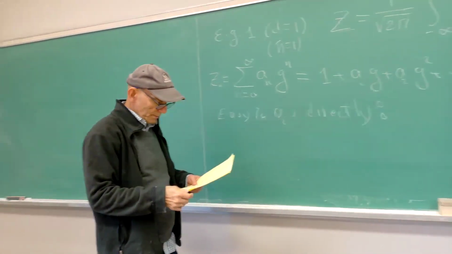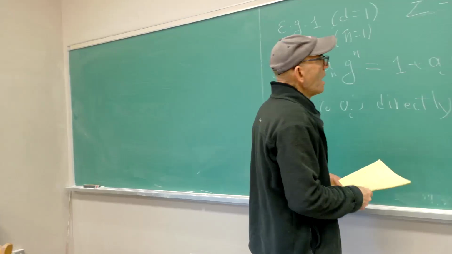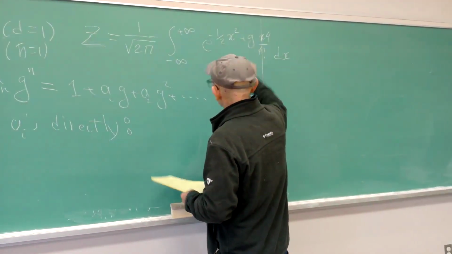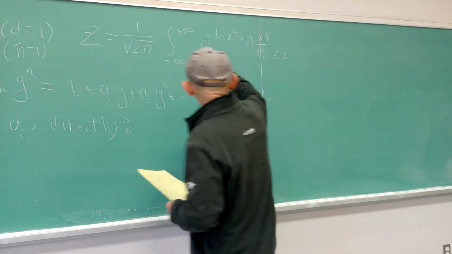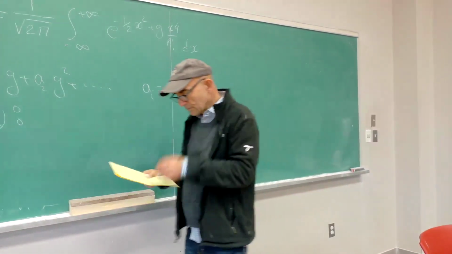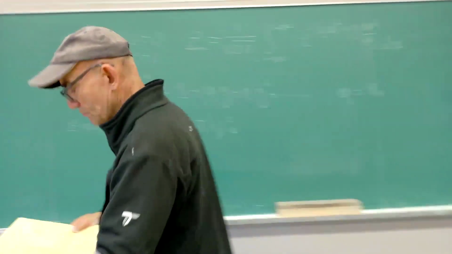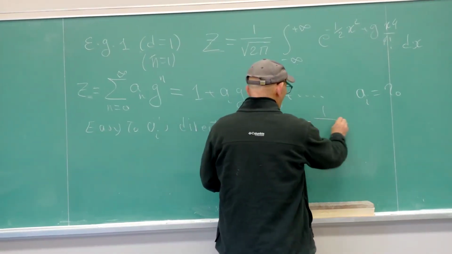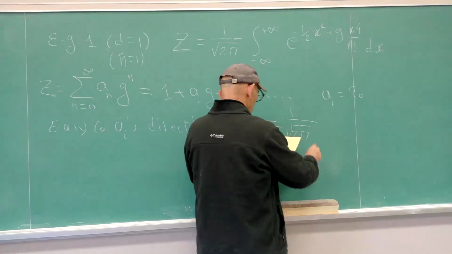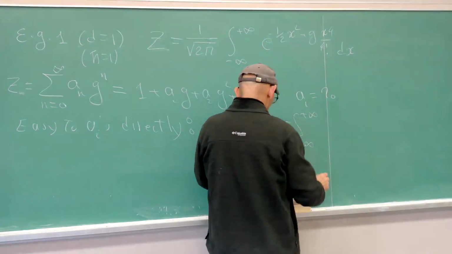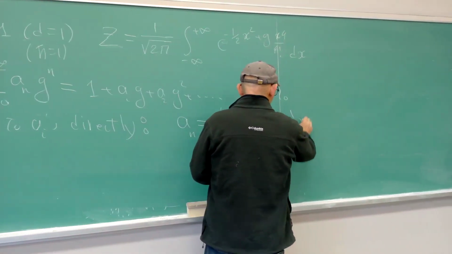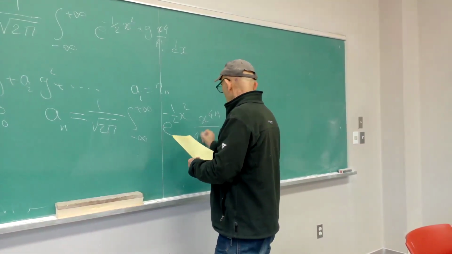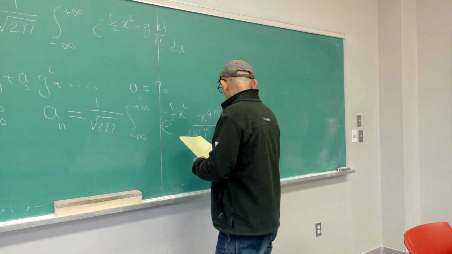You can just expand this, and then we get, I don't write it out, but we know that a_n is equal to 1 over root 2 pi, the integral from minus infinity to plus infinity of the exponential of minus 1/2 x squared, times x to the power 4n, divided by 4 factorial to the power n times n factorial, dx.